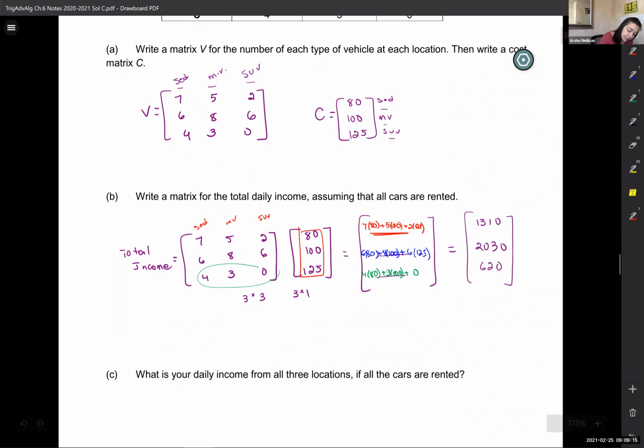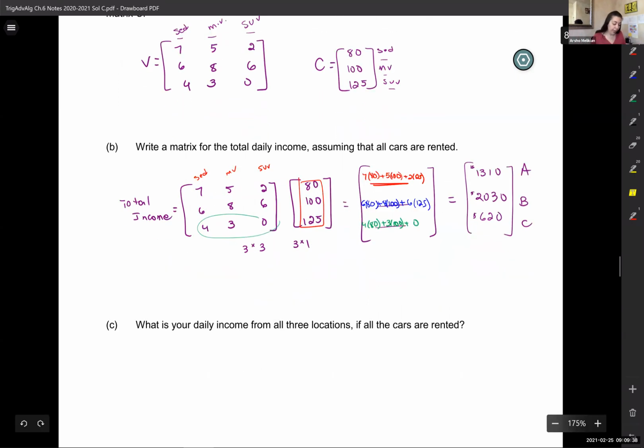This represents how much money I get in each of the locations A, B, and C daily if I sell all of them, right? So do you see how well organized it was to use matrices to do this, rather than just multiplying random numbers and having all these spreadsheets everywhere?